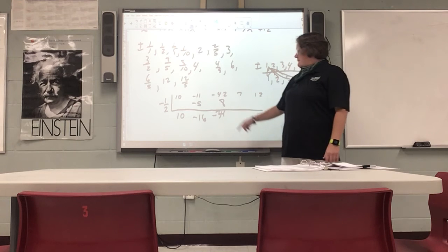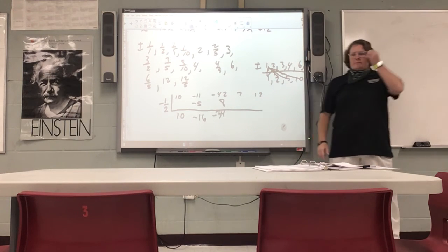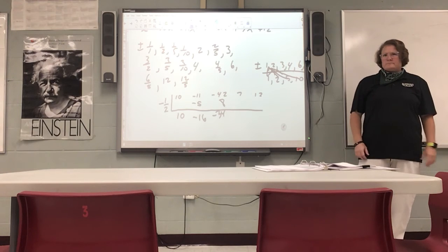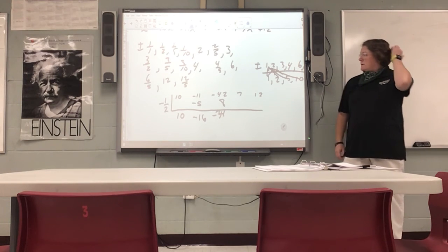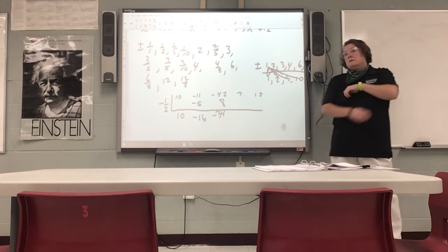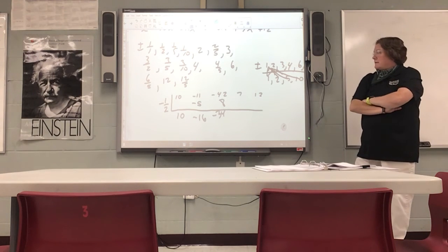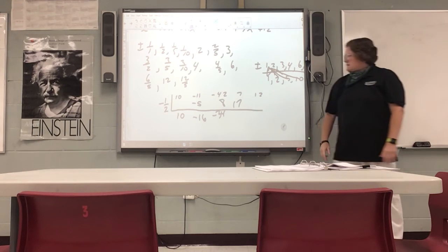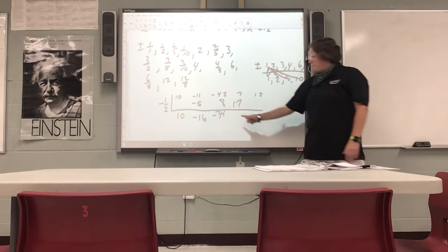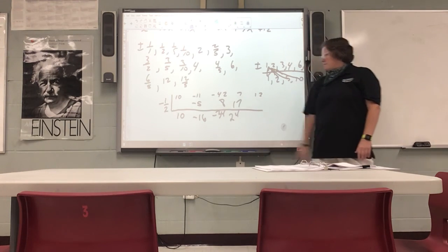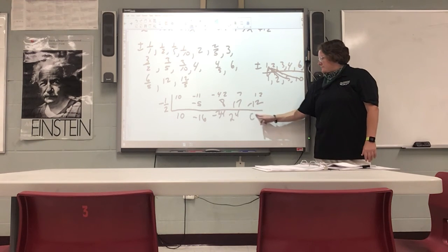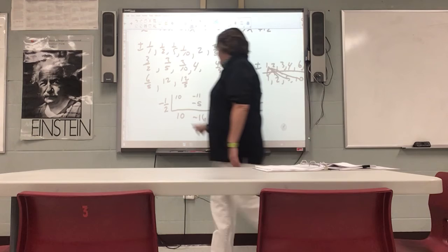Negative 34 times negative half is 17. 17 and 7 is 24. 24 and negative half is negative 12. Good, thank you.